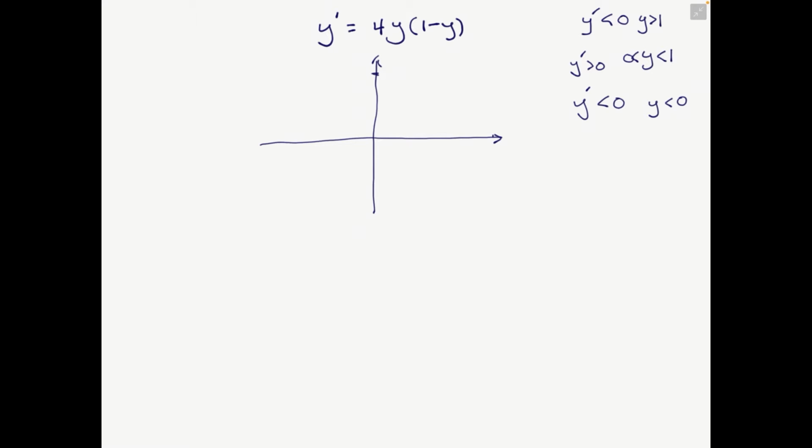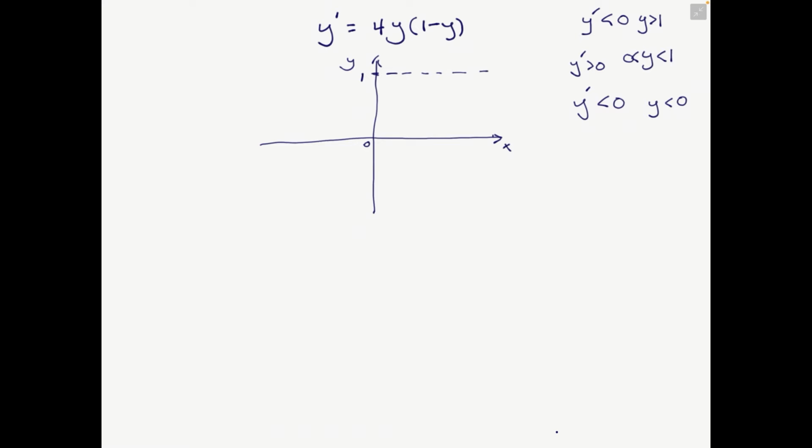So we're given some information. So in here, between this range, that's y, and this is x. This is 1 and 0.